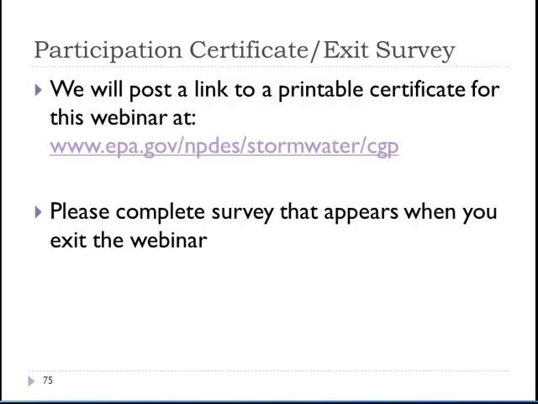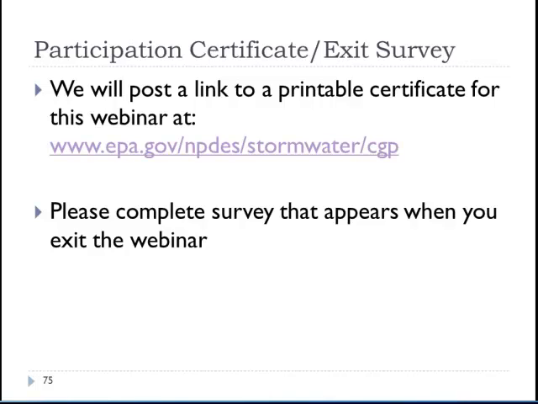A lot of the requirements related to the site plan and the description of stormwater controls are very similar to what they used to be. Especially if you have that in electronic format, I would suggest examining the requirements in Part 7, which is the SWIP requirements of the permit, and updating your SWIP where necessary.